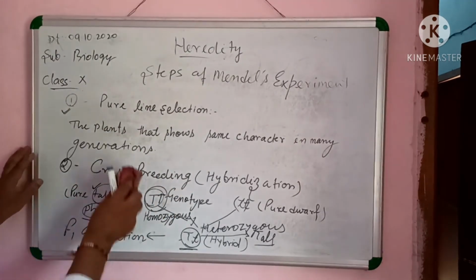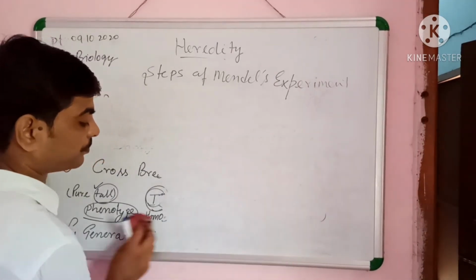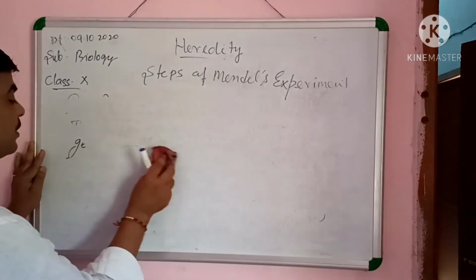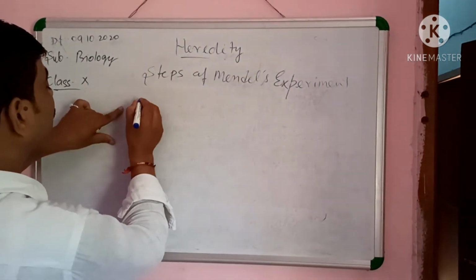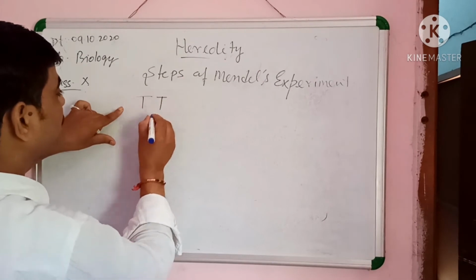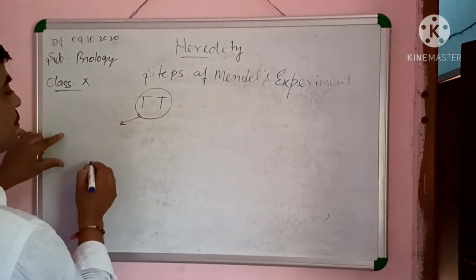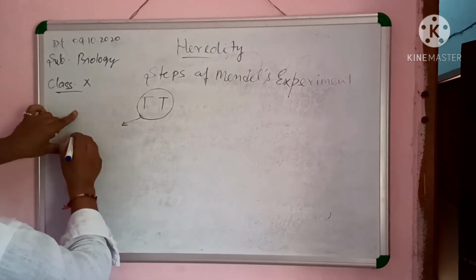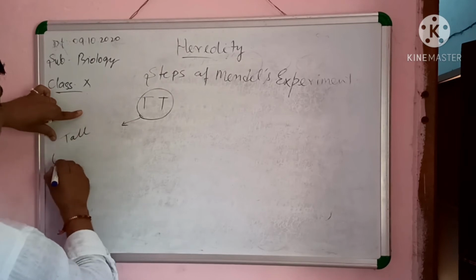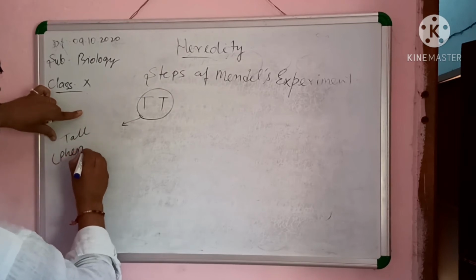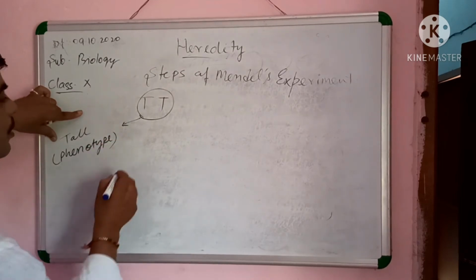I am writing here again. The first is the pure line selection. See here, capital T, capital T. So the phenotype of this is tall. Tall is the phenotype. This character can be observed.